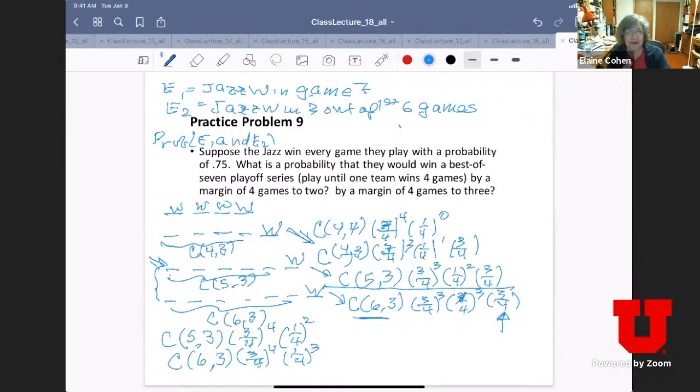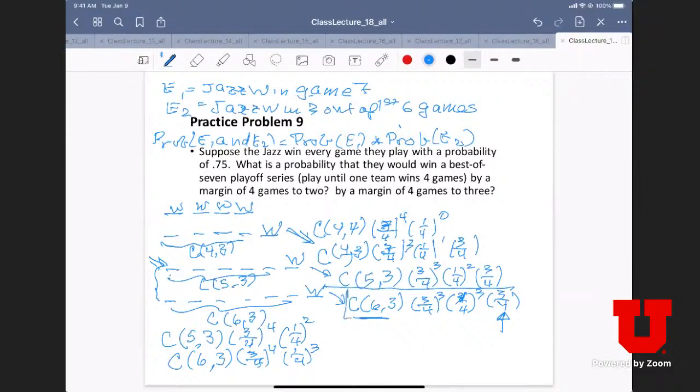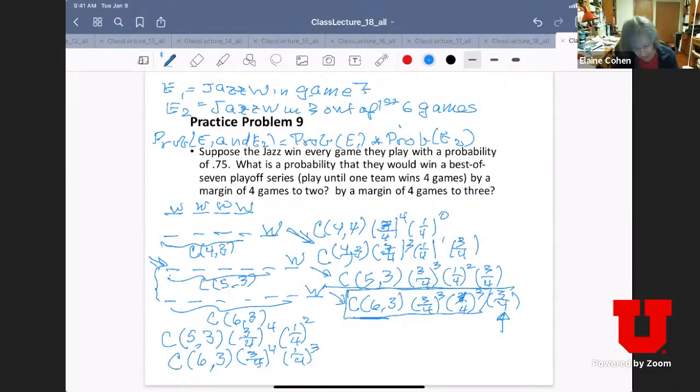The probability they win 3 out of the first 6 and they win the 7th game is equal to the probability of E1, they win the 7th game, times the probability of E2, that they win 3 out of the first 6. So this is the probability that they win 3 out of the first 6, and this is the 7th. So we want the probability that they win 4 out of 7.